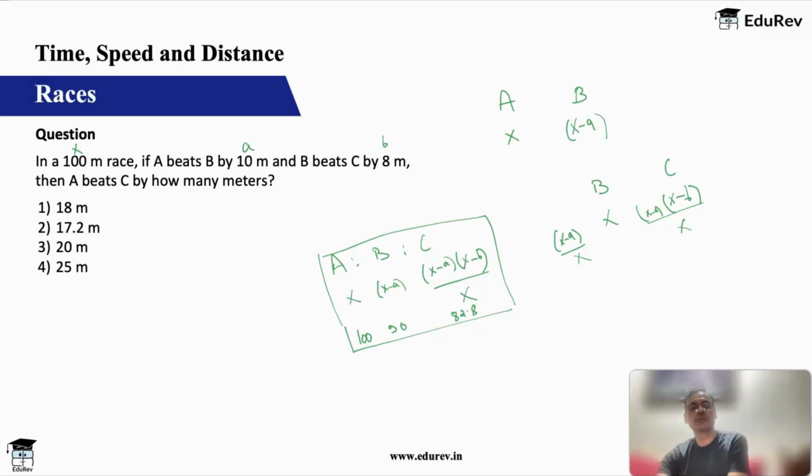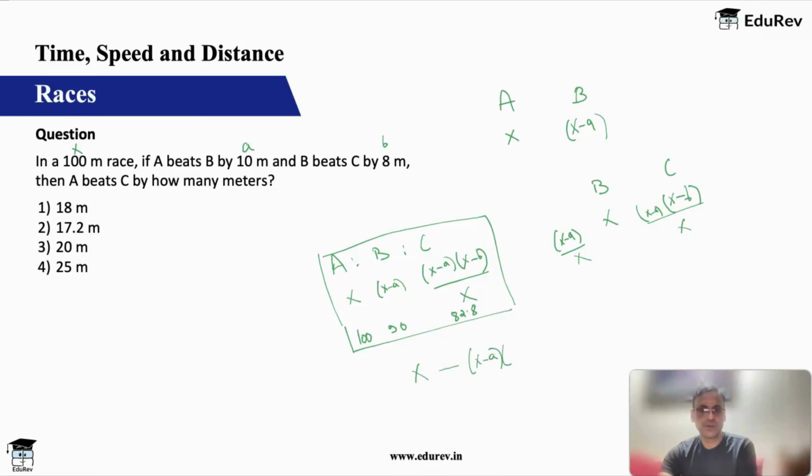So this will give you the position of C. How much A beats C by will be X minus A into X minus B upon X, or 100 minus 82.8, which is 17.2. So your answer will be this choice.